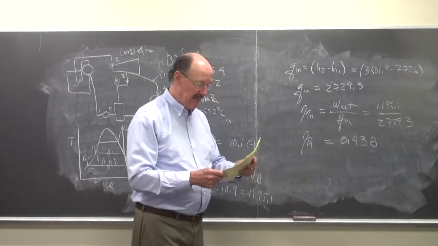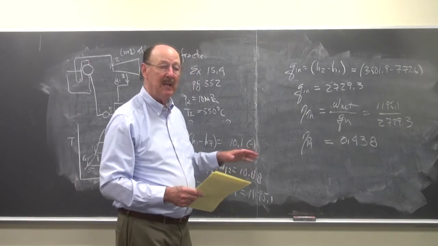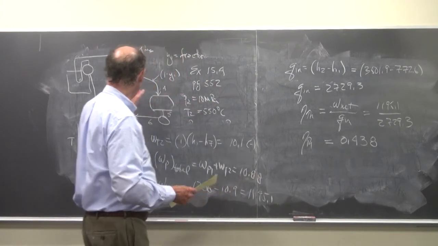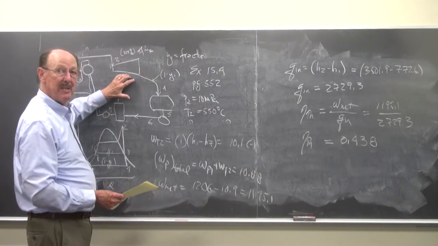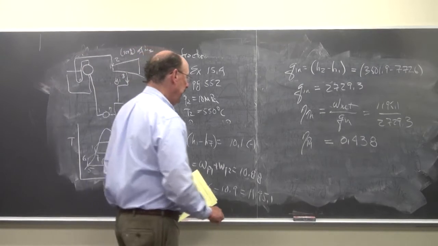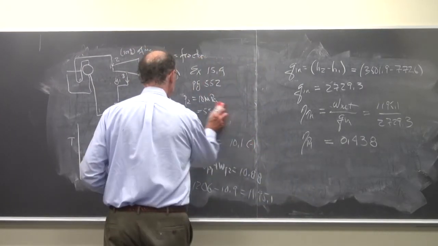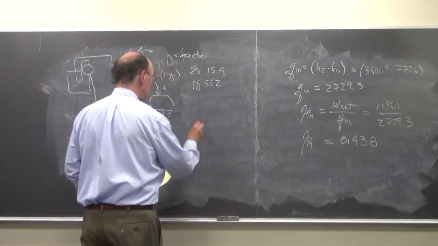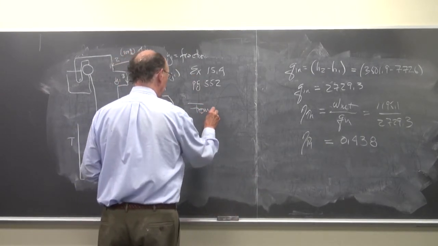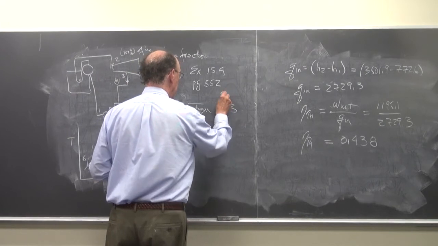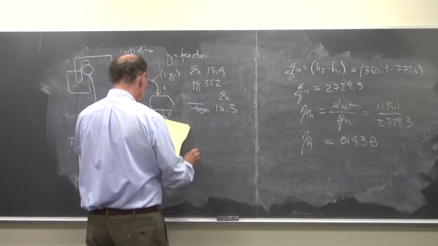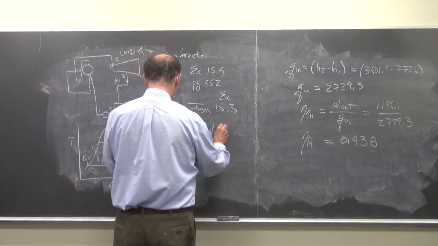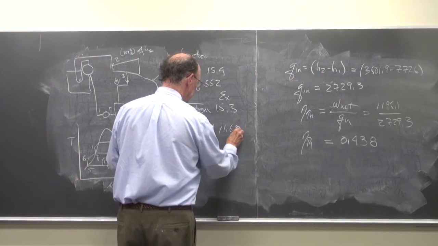And so in example 15.3, which I didn't go through here, they took the example in 15.3 and compared it where I didn't have regeneration to regeneration. So for example 15.3, W net decreased 11.6%.